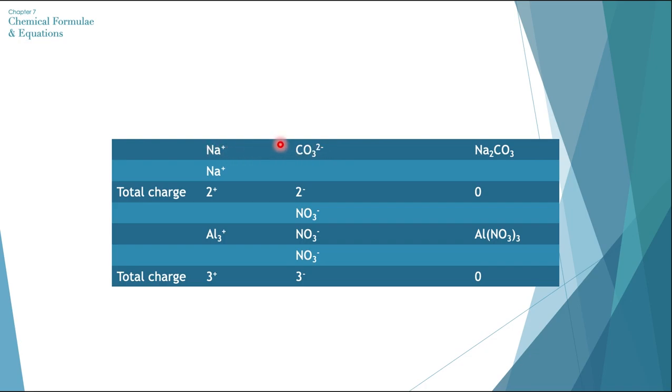They both bond together to form Na2CO3. We use 2 sodium ions and only 1 carbonate ion, and so using 2 sodium ions we get a total charge of +2, and using only 1 carbonate ion we get a charge of -2, and so they cancel each other out, so the end product has no charge.